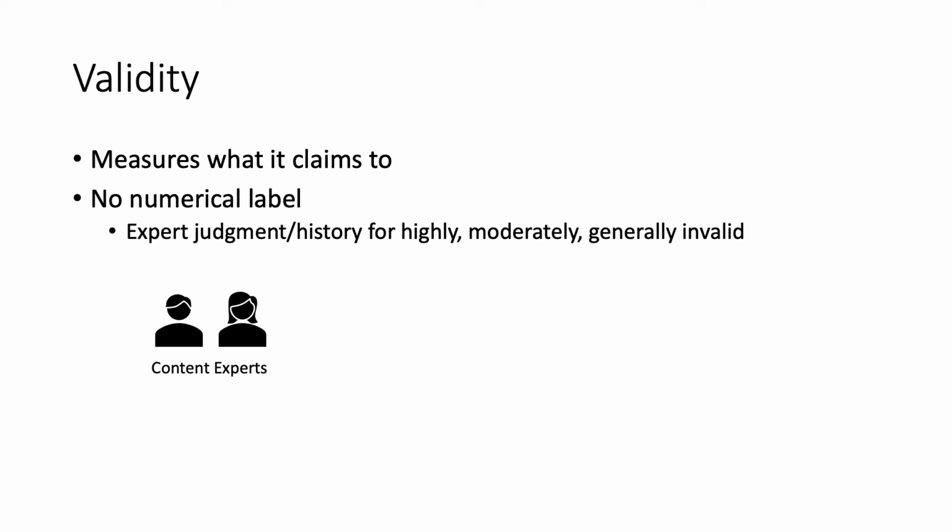And so this takes content experts to look at the actual tool that's being used to measure something and decide how valid it is. Over time, you can come up with predictive validity, and that's like the example of the ACT test that I've given. We can be pretty confident in its predictive ability.